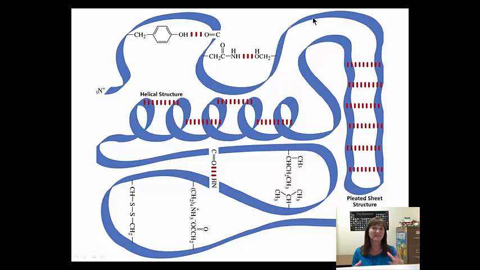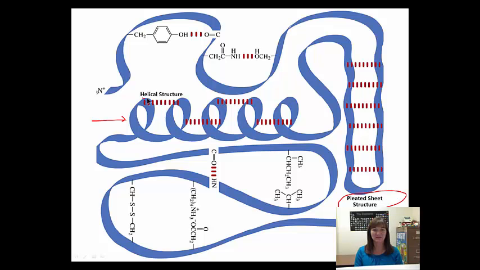Because what you're mainly focusing on then is the R groups, because it's the R groups that determine that three-dimensional tertiary structure. So looking at the ribbon, see if you can identify the alpha helix and the beta sheet. And hopefully you said right here is the alpha helix, and right here with the hairpin curve, they're telling us it is our beta sheet.